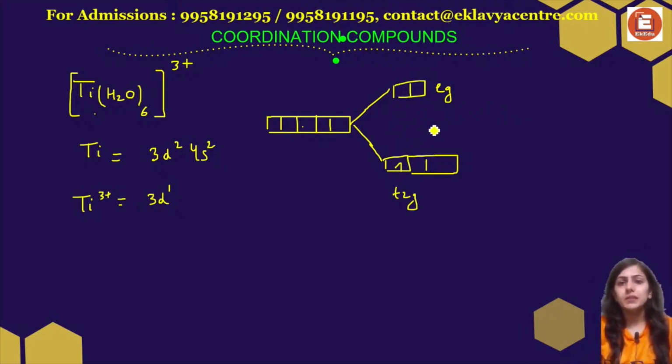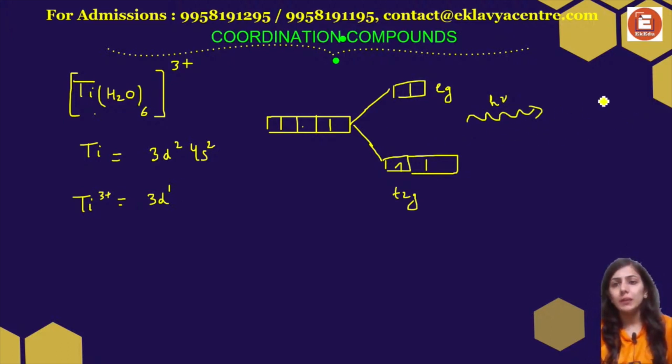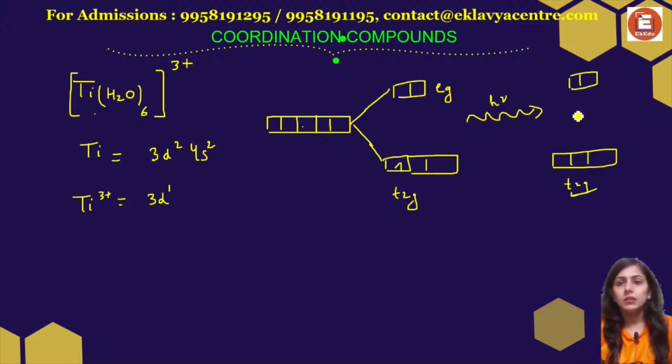But what happens when we apply energy? When we give it some energy, the electron jumps from this t2g orbital to the eg orbital. So we get one electron here.